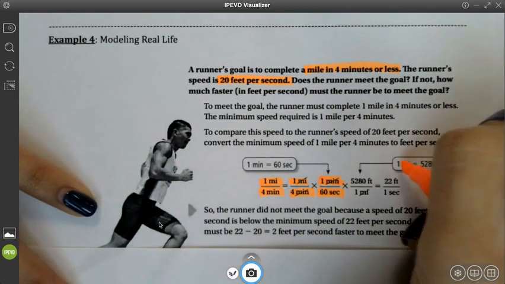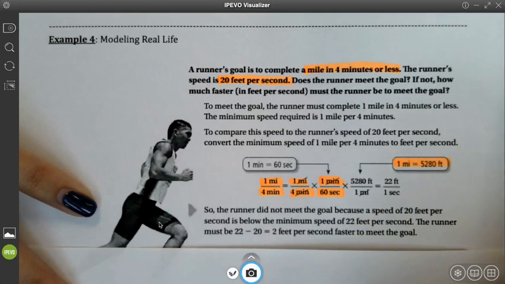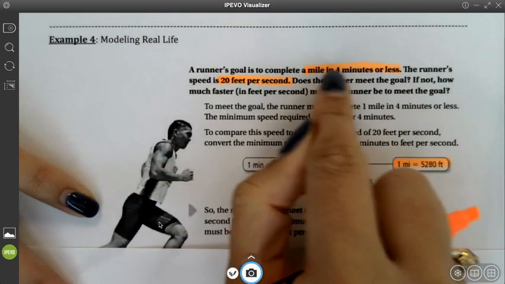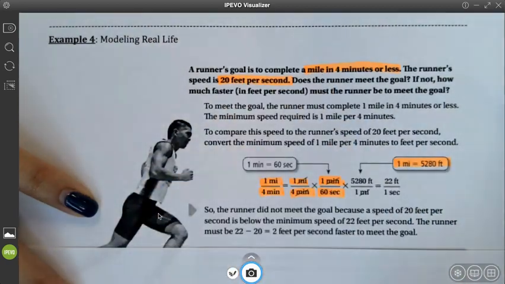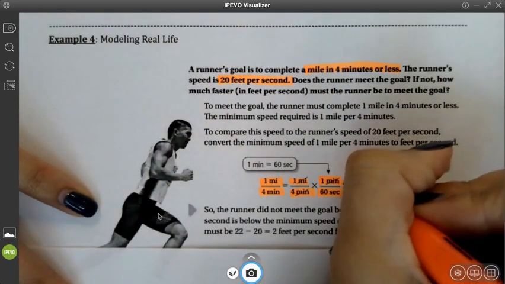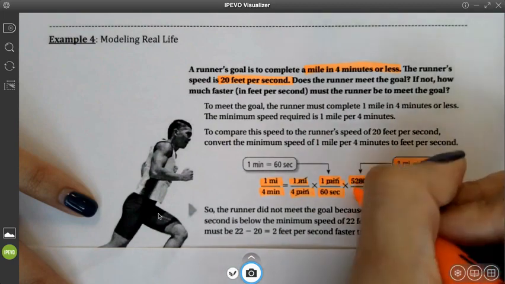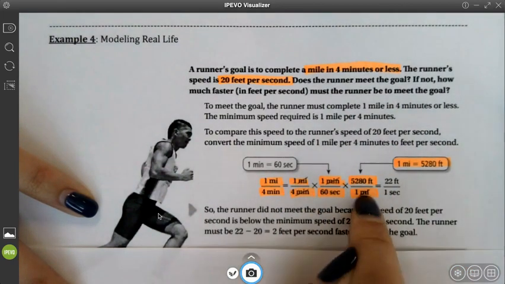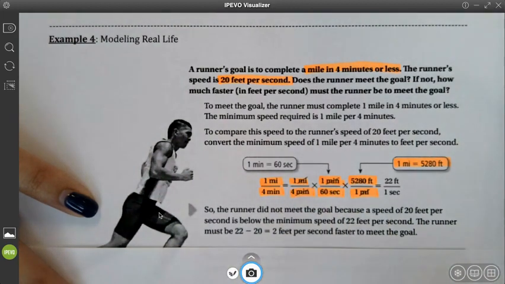And then I also have to use 1 mile to 5,280 feet as a conversion factor because I'm trying to change miles to feet. And I'm going to put the 5,280 feet in the numerator so that my miles can be cross-canceled. One is in the numerator, one is in the denominator.